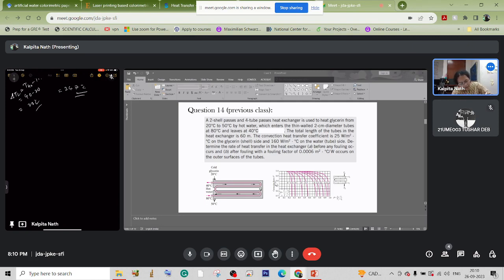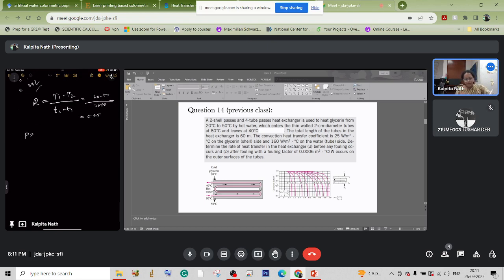So R is equal to T1 minus T2 for the hot fluid over T2 minus T1 for the cold fluid. So this is 20 minus 50 upon 40 minus 80. This is equal to 0.75, and P, that is the temperature difference of the cold fluid over the maximum temperature difference.